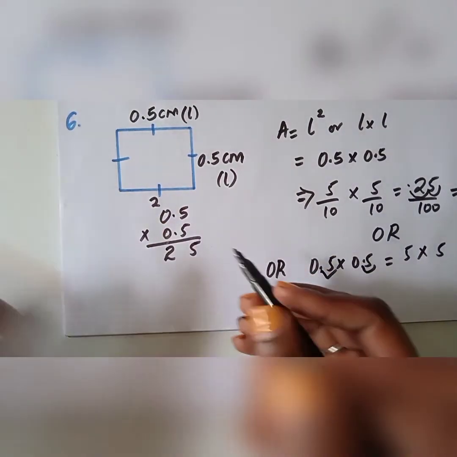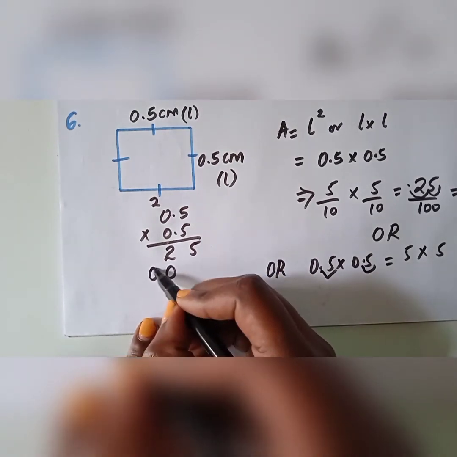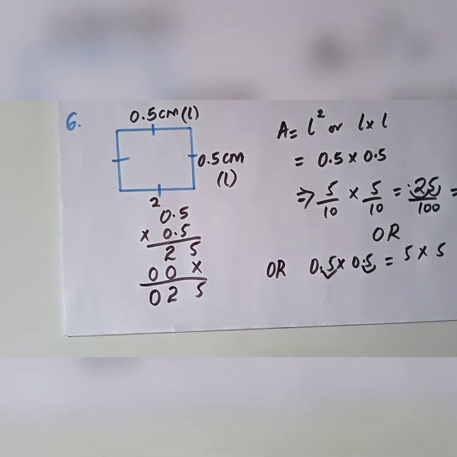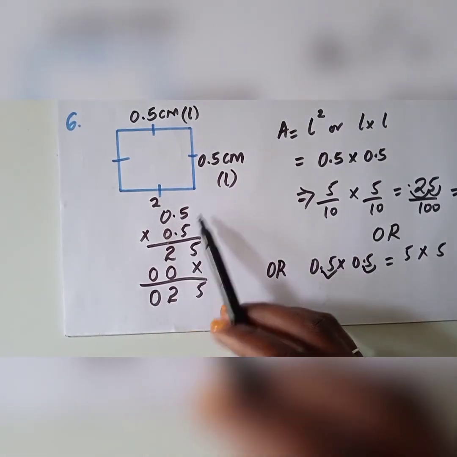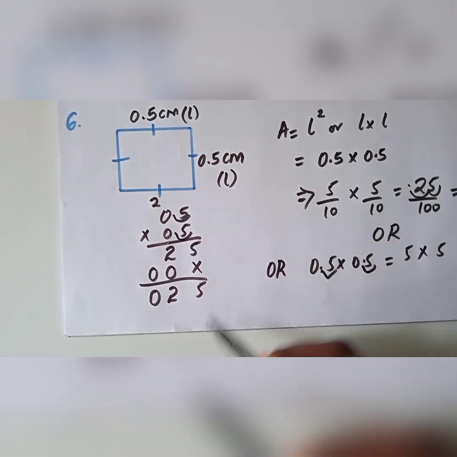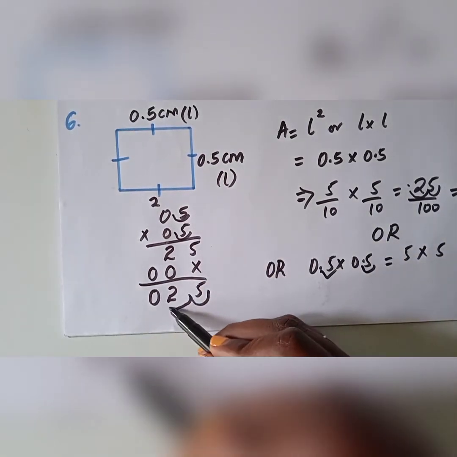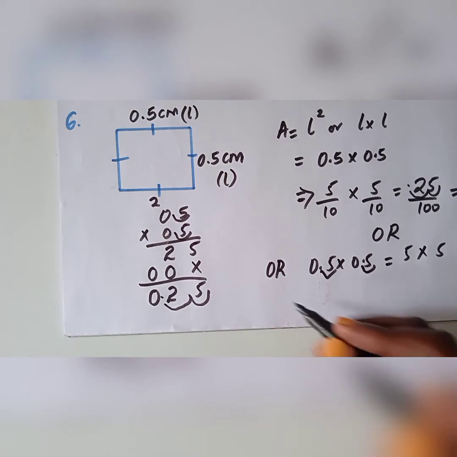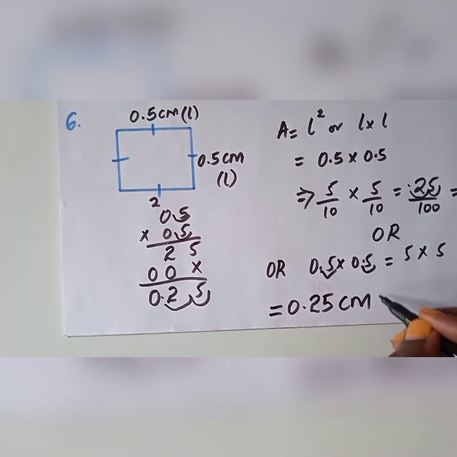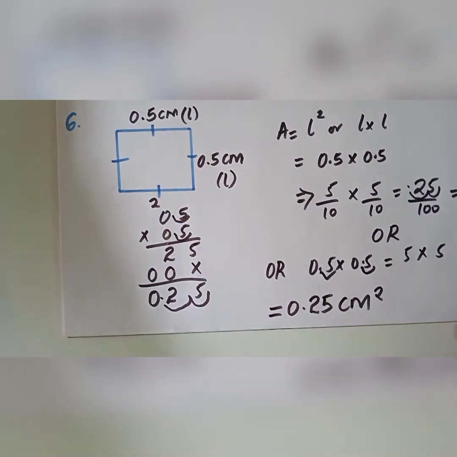Any number you multiply by 0, you get a 0. So those two will be 0, 2, and 0. Then here you count again the number of decimal places you've moved. So 1, 2, meaning your answer will have 2 decimal places. And it gives us the same answer, 0.25 centimeter squared.